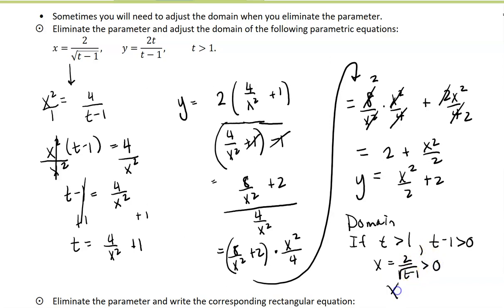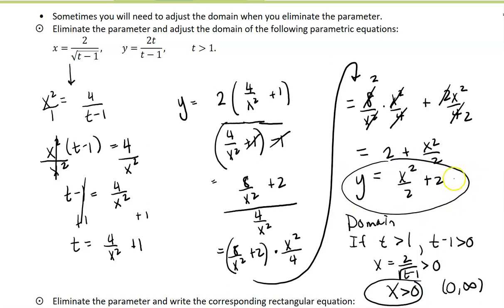So x greater than 0, or from 0 to infinity, or 0 to infinity not including the 0, is the new domain. So we have y equals x squared over 2 plus 2 for x greater than 0. And that would be our adjusted domain.